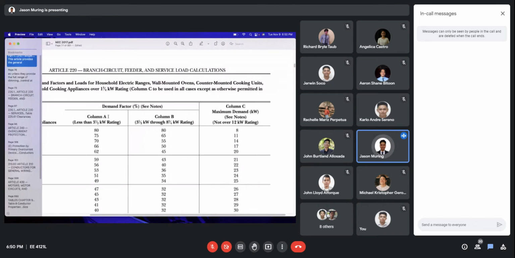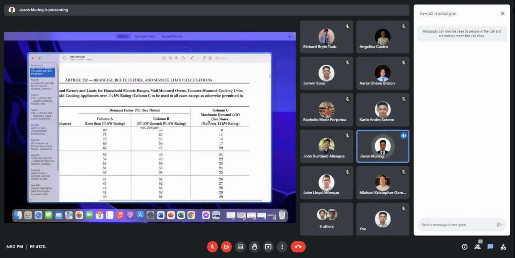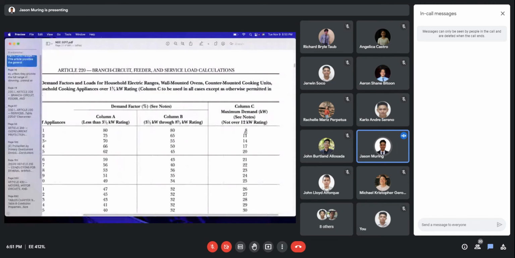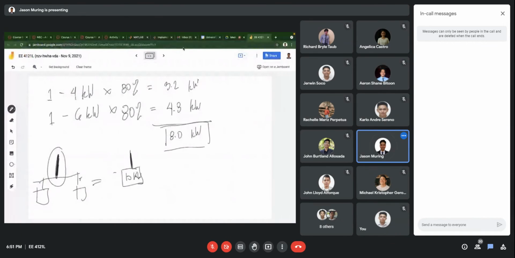Here for A and B, these are just factors. Therefore, since there is just one, 10 kilowatts, we use 8. It just so happened that for both cases we have 8 kilowatts, so the result is the same.